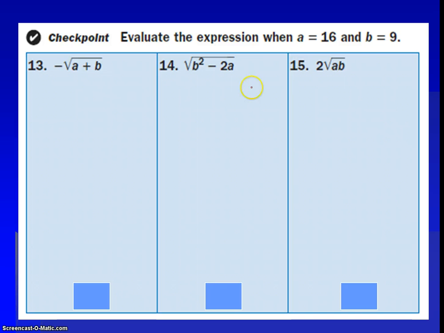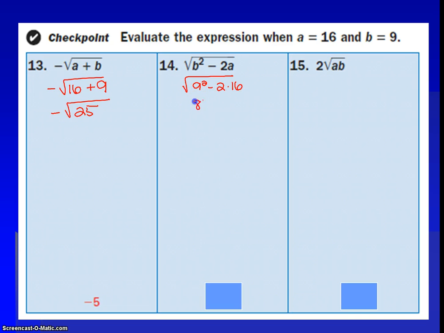I'm going to just do these with you quick so you have an understanding, or at least some of them. 13, negative square root of A is 16 plus 9, negative square root of 16 plus 9, which is 25. The square root of 25 is 5, and I only want the negative because of the negative outside. 14, square root of B is 9 squared minus 2 times 16.